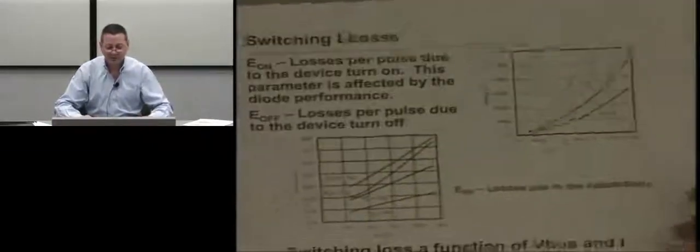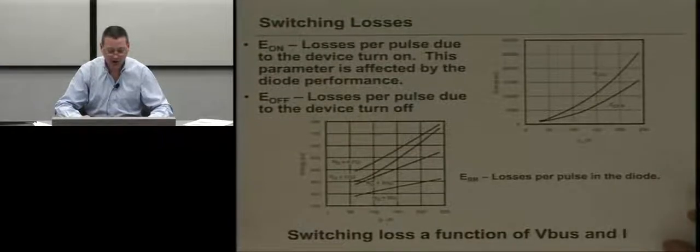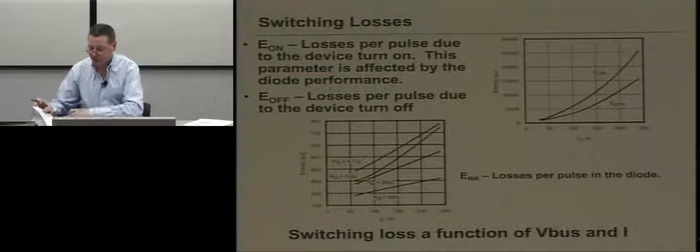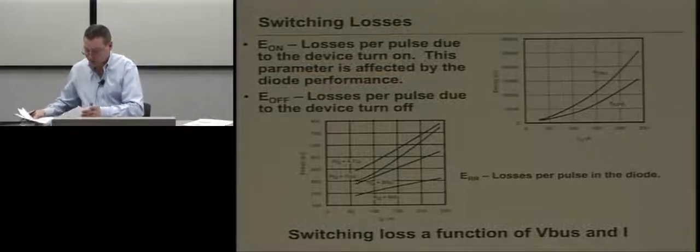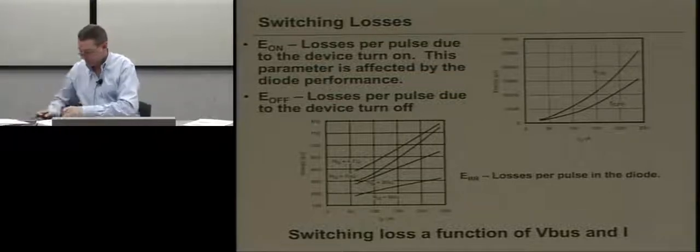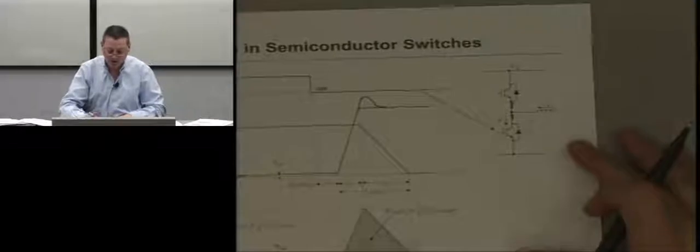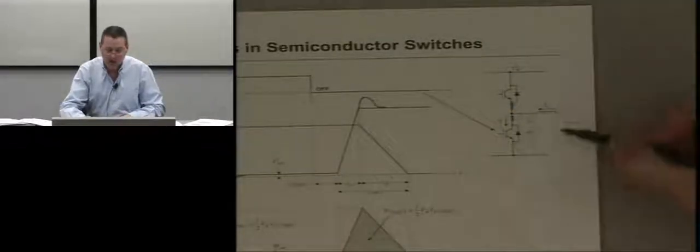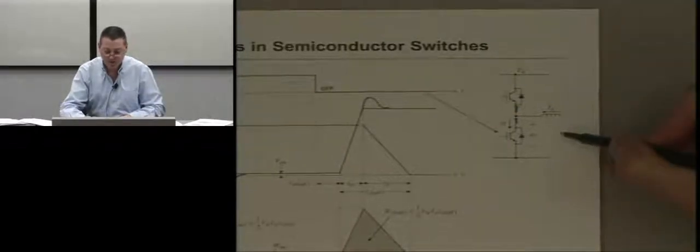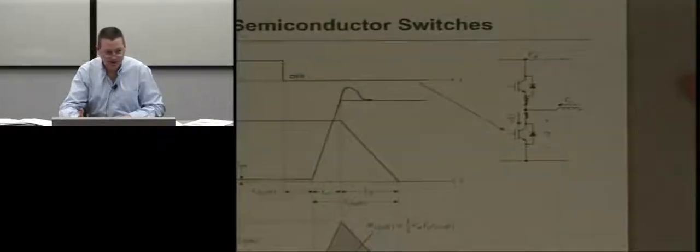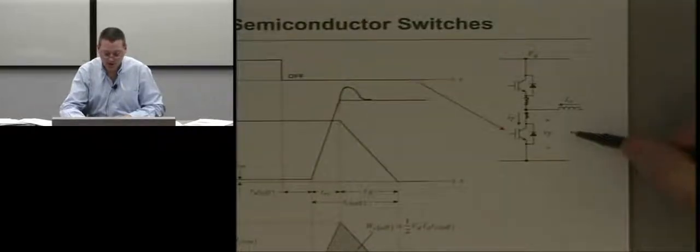The way we define switching loss in the IGBT is, again, through a series of graphs. One interesting note I should make here, and let me grab an earlier slide, is that when we define switching loss, we're talking about this circuit. This is the half bridge, which is the most commonly used application circuit for IGBT.